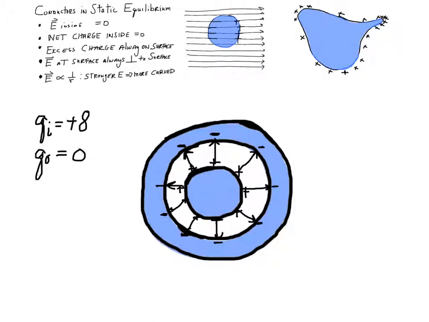And so I have 8 positive charges here, 8 negative charges here, but the conductor is neutral. So when an electron comes in, that leaves a positive charge. And by our rules of static equilibrium, those positive charges have to end up on the surface of the conductor.